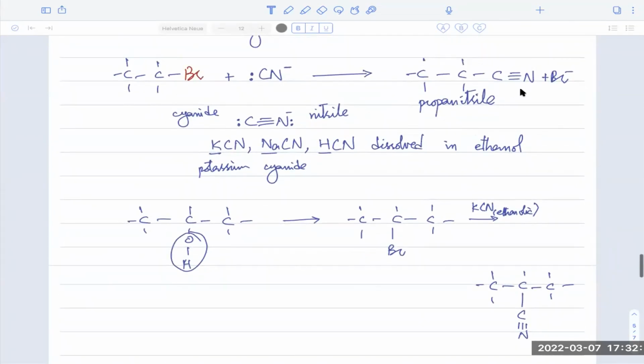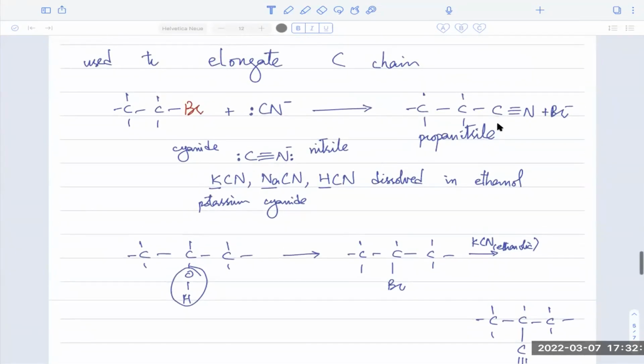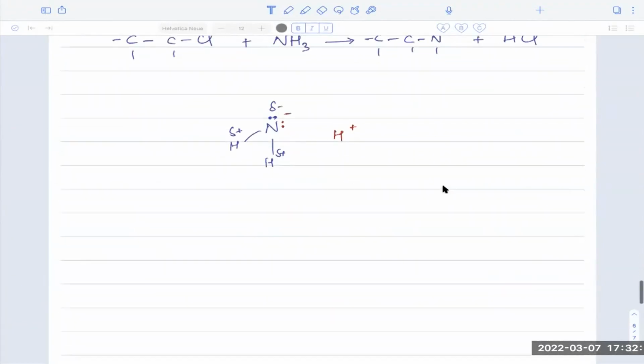Now, coming back to this nitrile group, it can actually do two things based on what it is added to. For example, I have propane nitrile, the one we had just over there, CH3CH2CN, and this can react with water in the presence of acid.